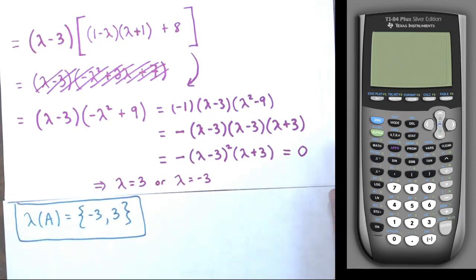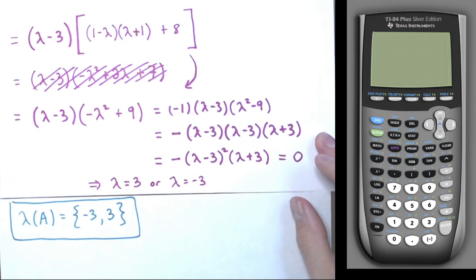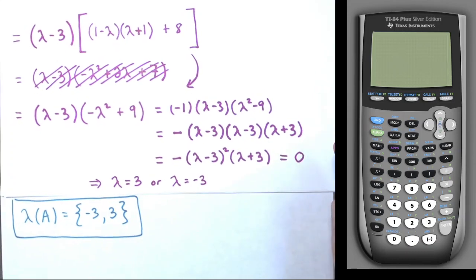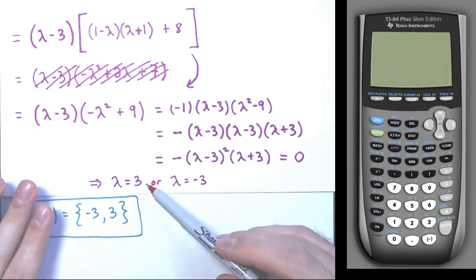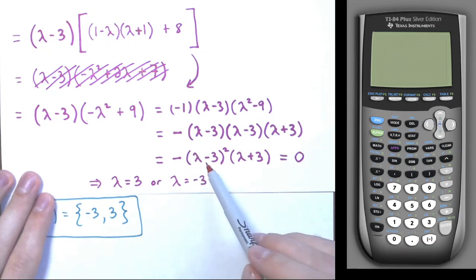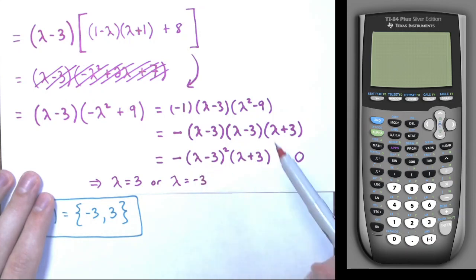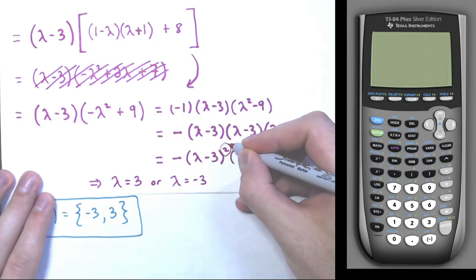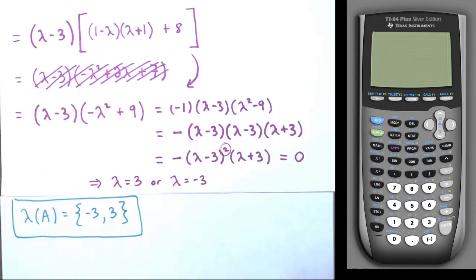And now that we've solved this characteristic equation, we can also see the algebraic multiplicities of the eigenvalues. So look at 3. 3 has two factors in this characteristic polynomial that it makes 0. There's lambda minus 3 twice. Look at the power.